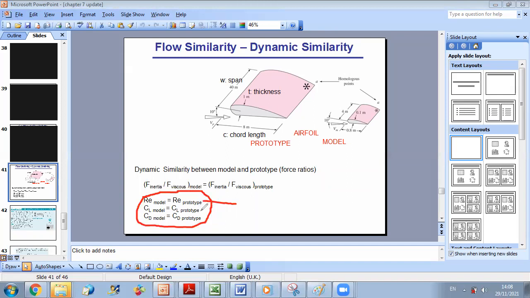So you should have the coefficient of lift identical, and also the drag coefficient should be the same for both. Because all of these are defined as force ratios, in this way you can ensure that the force ratios are the same in the model and prototype. So this will allow you to ensure the dynamic similarity between the model and the prototype.